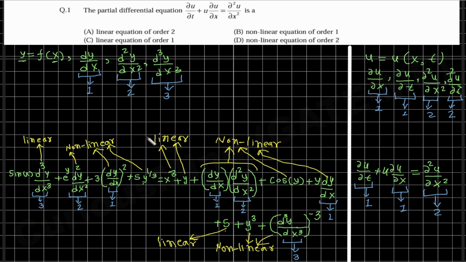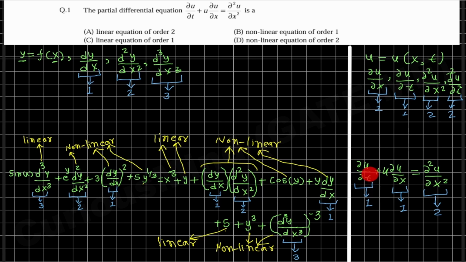Now we move to the right side of the board to determine whether the partial differential equation is linear or non-linear using the same concept and process that we have used for the ordinary differential equation on the left side of the board, because both are differential equations resulting in the same characteristic behavior when it comes to linearity and non-linearity.